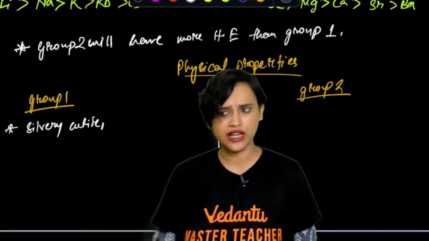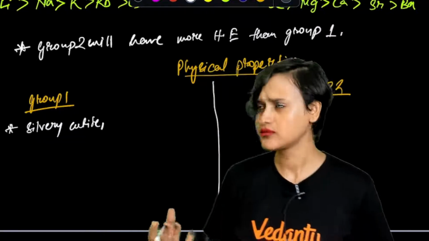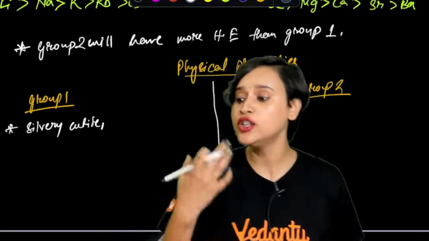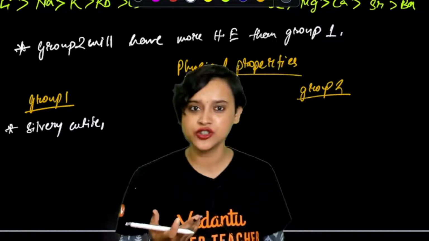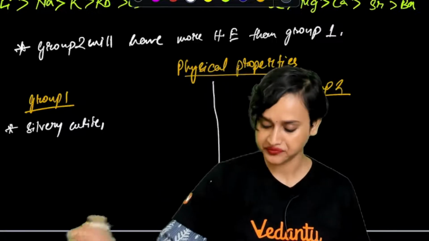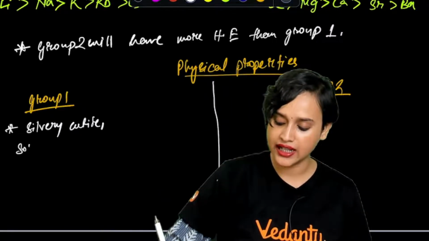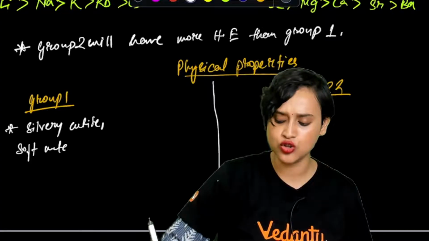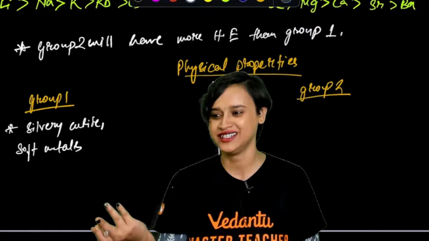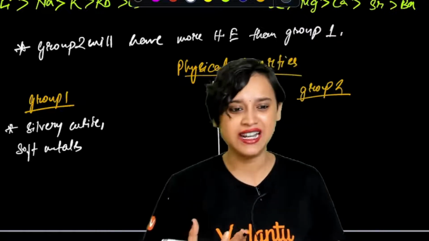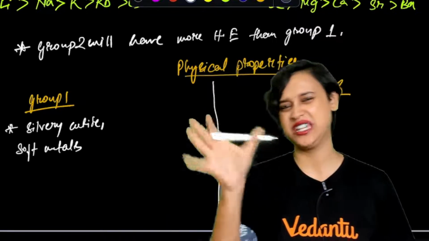And you all know that sodium is a very soft metal, and so is potassium. Don't you know that you can actually slice sodium and potassium with a knife? So silvery white, right? Next, we can write that they are very soft metals. They are so soft that sometimes you feel like, are you even a metal?